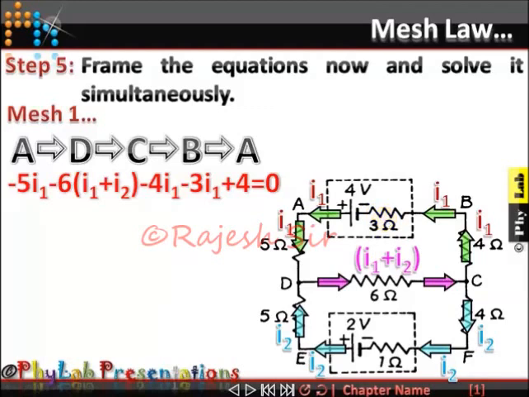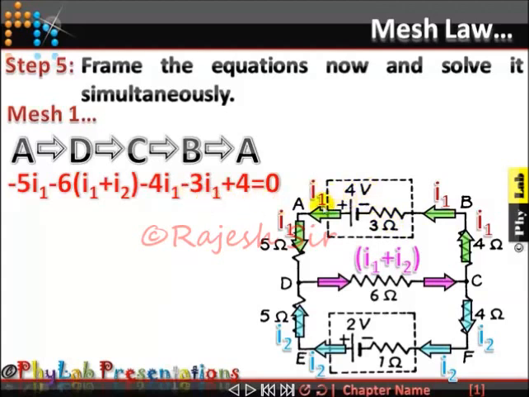Now see over here, this resistance happens to be an internal resistance of the battery. It does not matter in any way whether the resistance is internal or external. Do not get confused. Treat it like a normal resistance. Again you are moving along the direction of current, it is going to be minus 3I1.